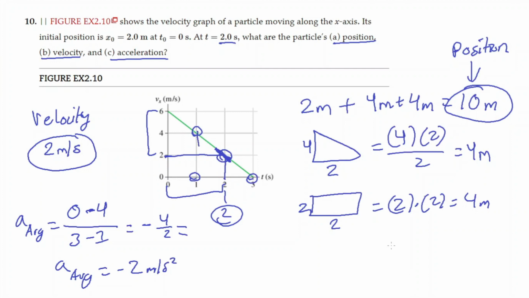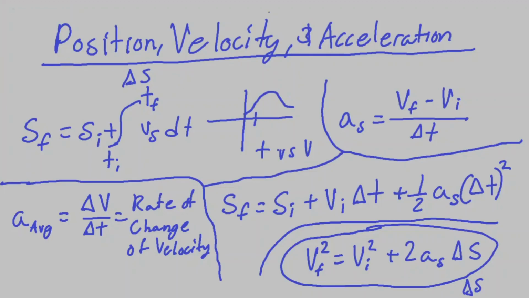And that kind of checks out, as you could use the slope formula here and see that for every 1 second that is passing, it's slowing down by 2 meters per second. So that is going to be our acceleration at t equals 2 seconds. Alright, so that was basically for position, velocity, and acceleration.